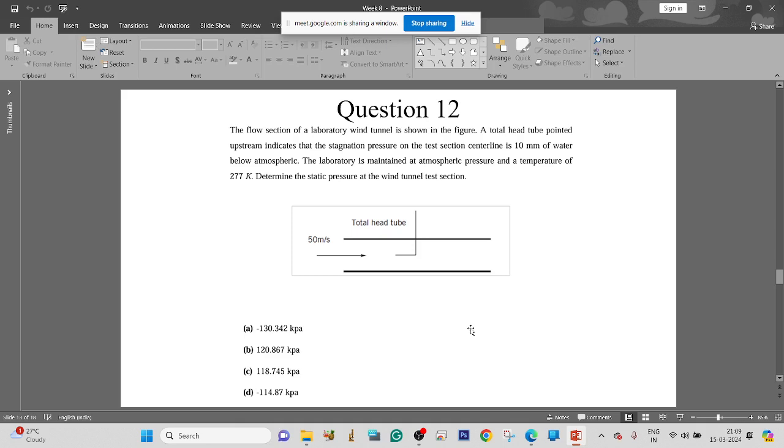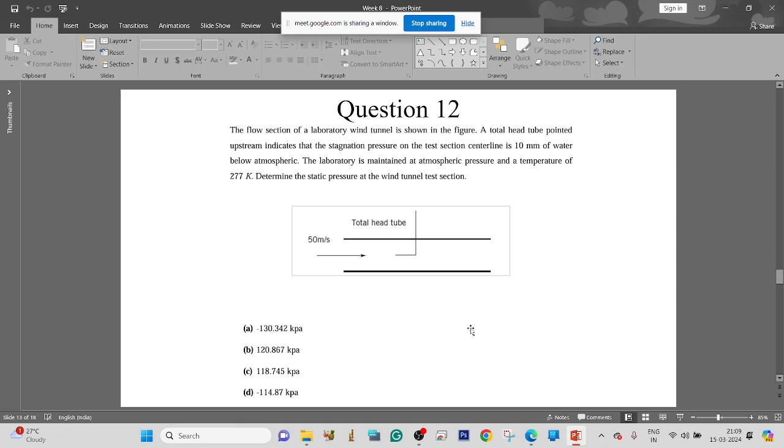Atmospheric pressure we know is 101,325 Pascal. Rho gh uses 0.01 meter, since 10 mm is given. So from there we'll get the stagnation pressure. Also we know that stagnation pressure is equal to static pressure plus dynamic head, so static pressure will be stagnation pressure minus dynamic head.